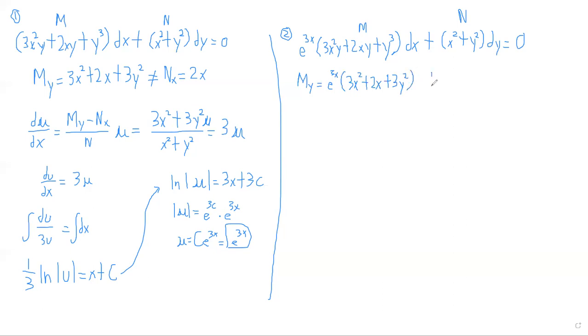N sub x is, shoot, I forgot to include the e to the power of 3x here. Sorry, that was an oversight. N sub x is 3e to the 3x times x squared plus y squared, plus e to the 3x times 2x.